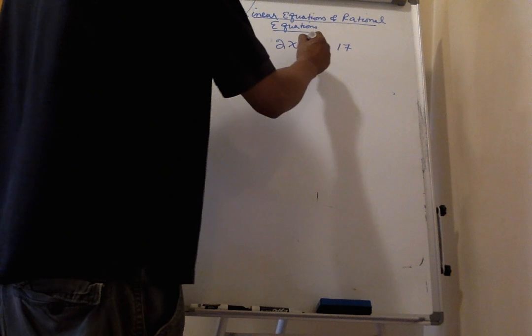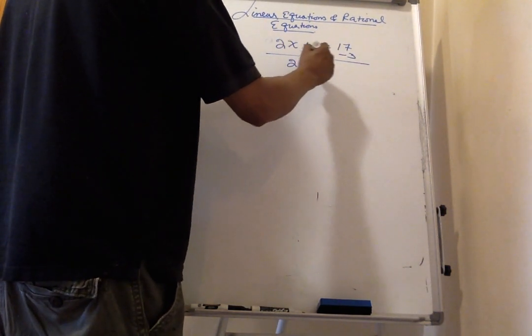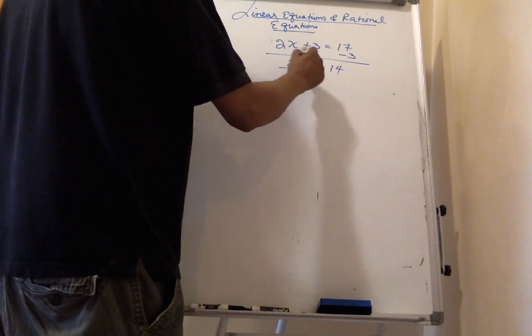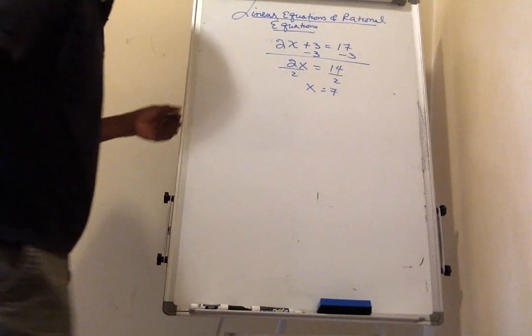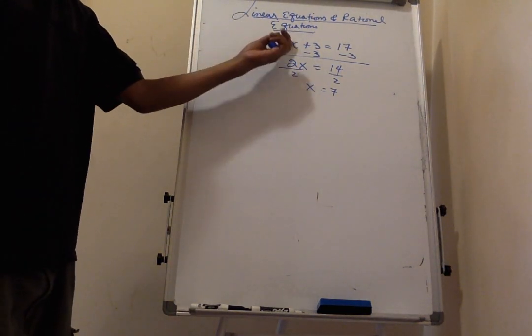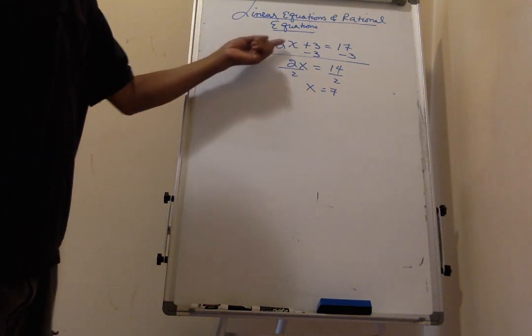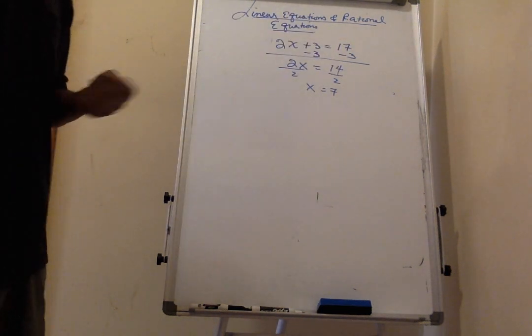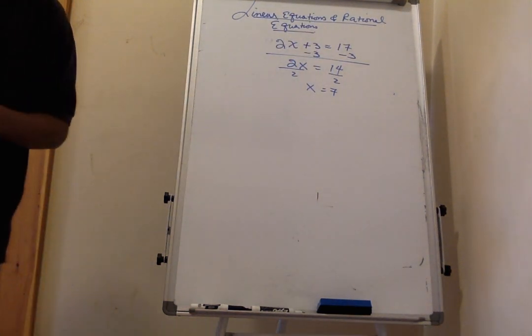What you need to do, use the order of operation. You take 3 away, and then you divide both sides by 2. x is equal to 7. And the beauty about this is you can plug in the value that you have just found to make sure that this plus this would equal 17. 2 times 7 is 14. 14 plus 3 is equal to 17. So it's the same thing.